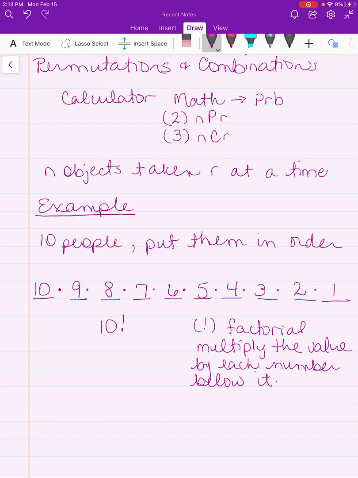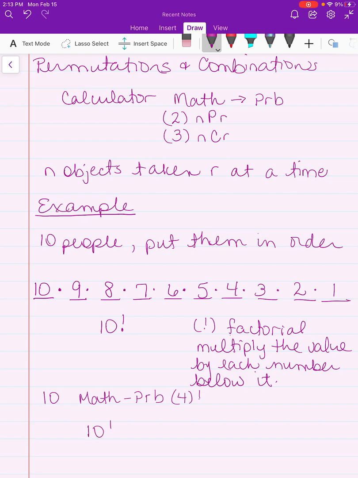If you want to use your calculator to do 10 factorial, you'll put in 10, then hit math, go over to PRB, hit number 4, which is the factorial button, unless you want to multiply it all out by hand.